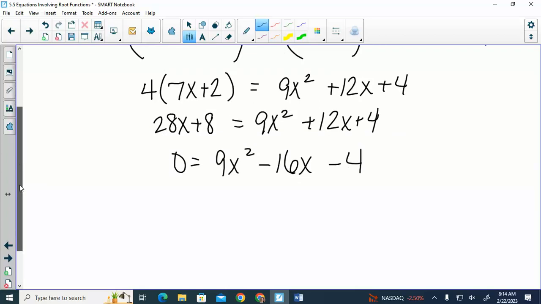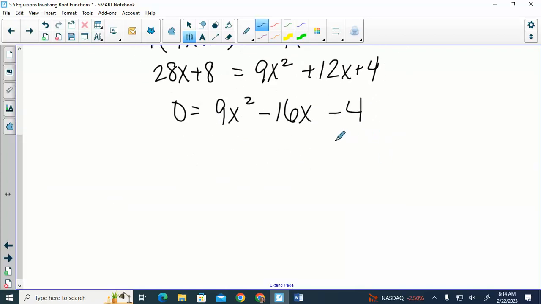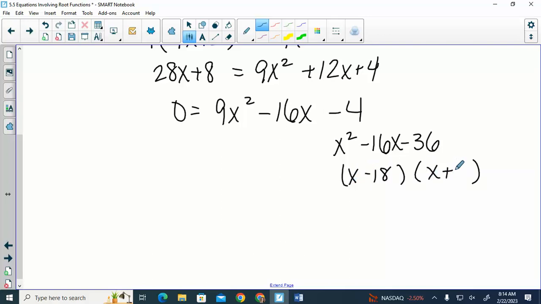What do we have to do now? Flip it. What multiplies to -36 and adds to 16? 18 and 2, but one of them has to be negative. Negative 2 and 18. Divide by our 9.